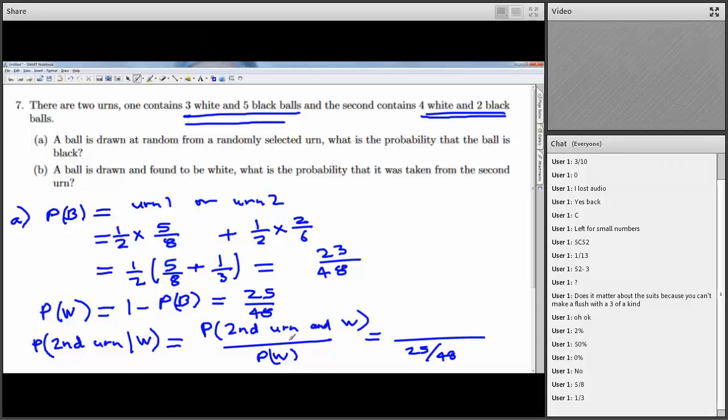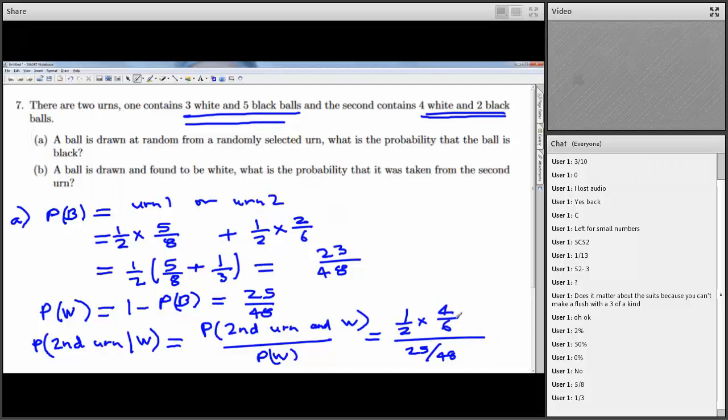So the probability of getting the second urn and white: there's a 1 in 2 chance of picking the second urn, and then to make it white we multiply by the chance of white. Well, there are 4 whites from 6, or 2/3, as you would have said before. So half times 4 over 6 would be the probability of getting both the second urn and white from it.